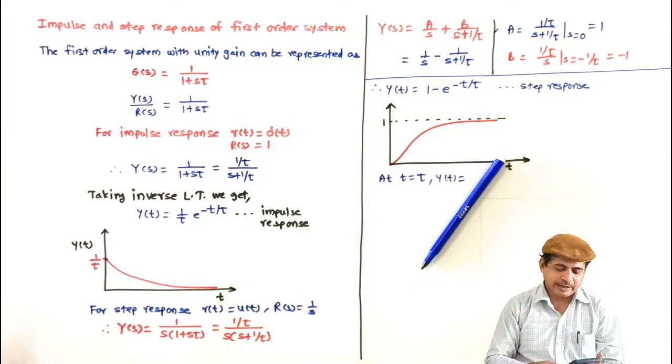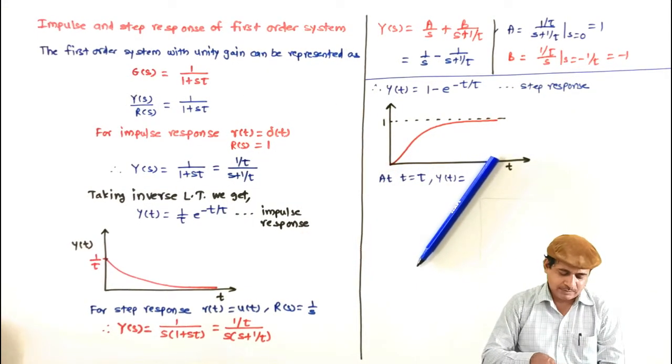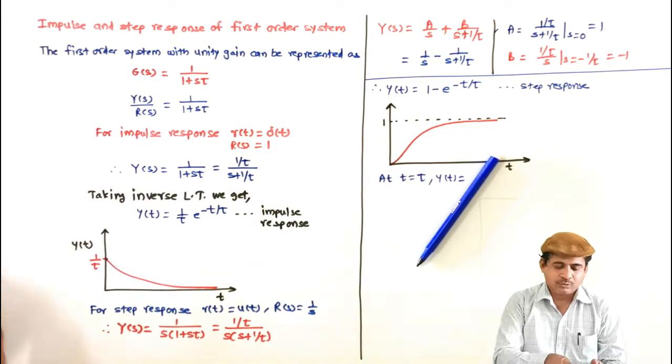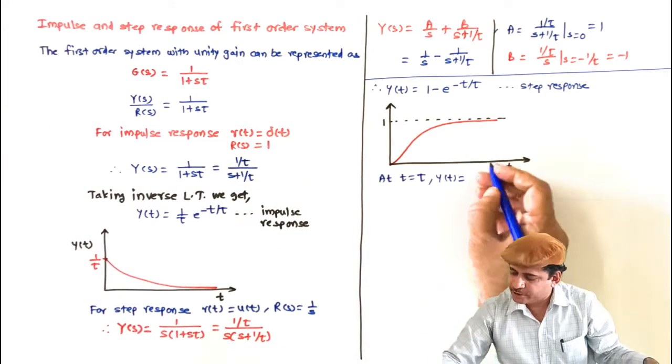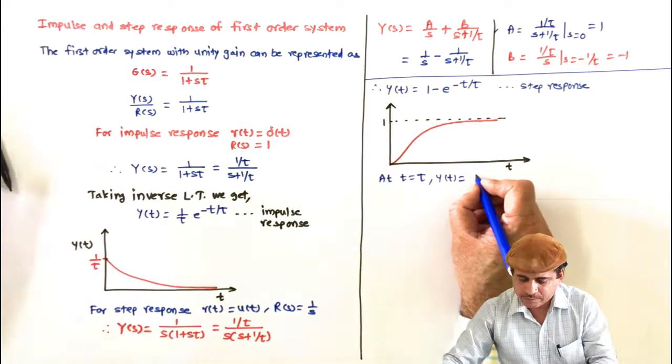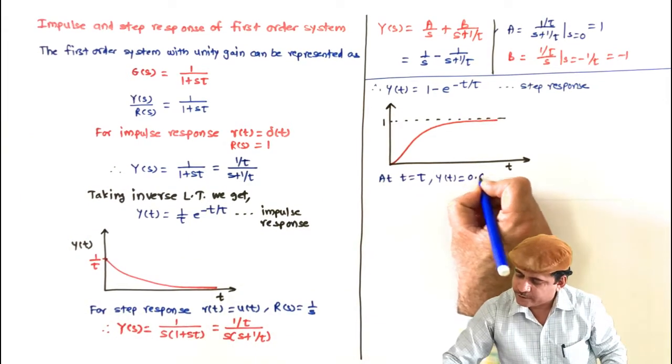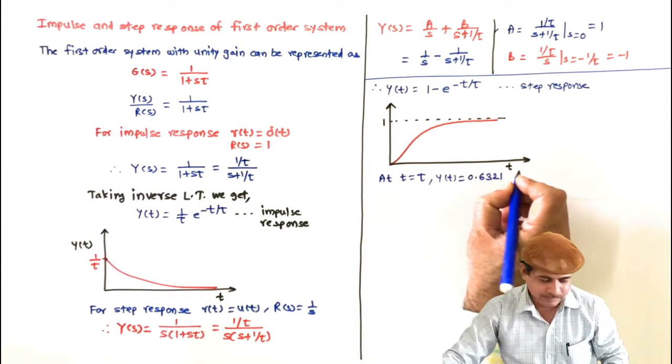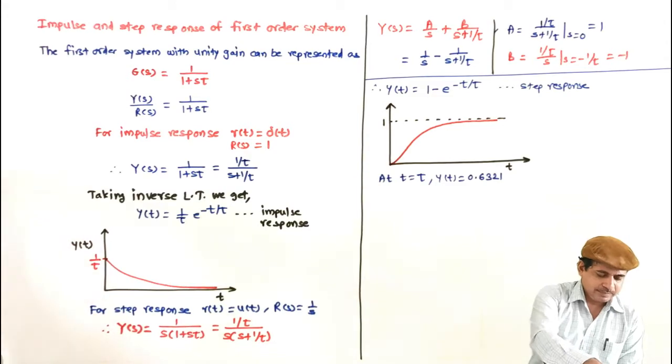So let us do it on calculator. 1 minus e raised to minus 1 is equal to 0.6321.